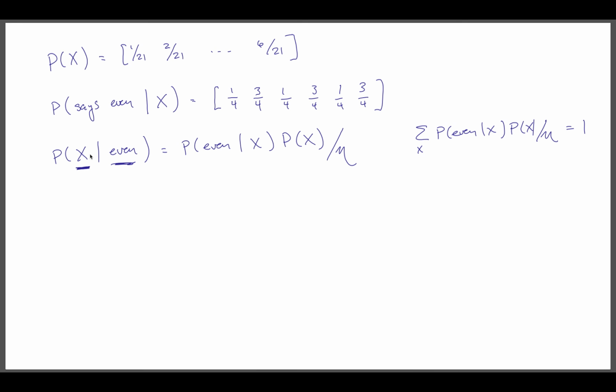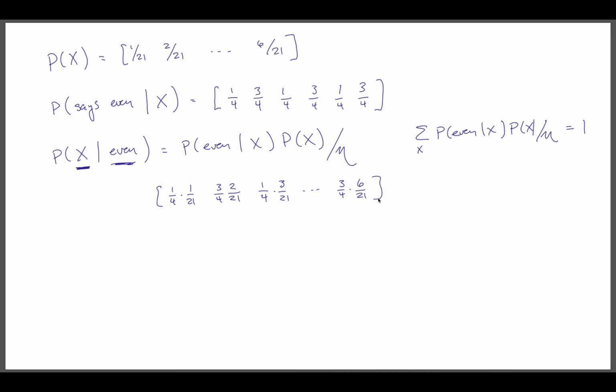So to get this numerator here, we multiply these two tables. We have a table for P of even given x, we have a table for P of x. When we multiply, we get a quarter times 1 over 21, then 3/4 times 2 over 21, then 1/4 again times 3 over 21, all the way up to 3/4 times 6 over 21.